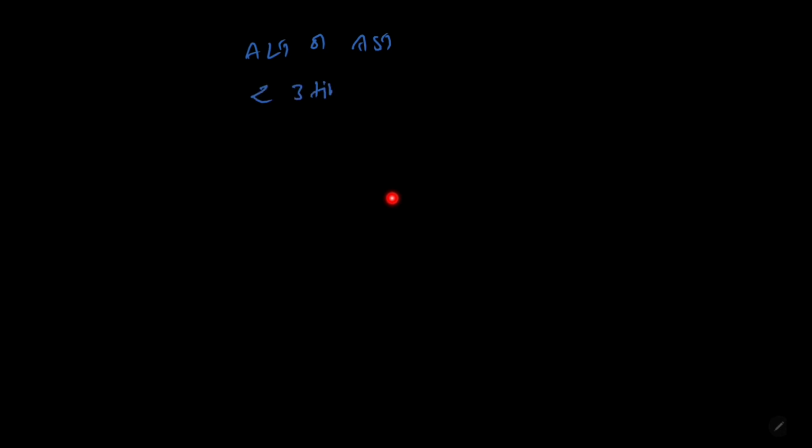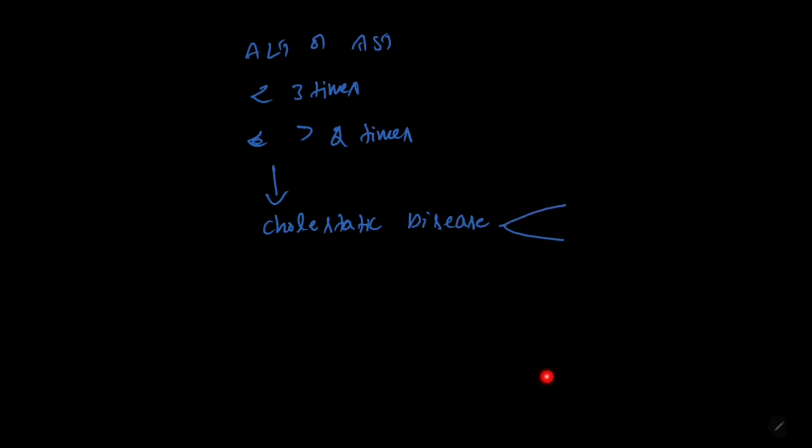Similarly, if ALT or AST values are less than 3 times and ALP values are more than 2 times compared to the normal values, it will be cholestatic disease. Now if you check albumin values, if albumin is normal, it will be acute cholestasis. If albumin values are low, it will be chronic obstructive disease.